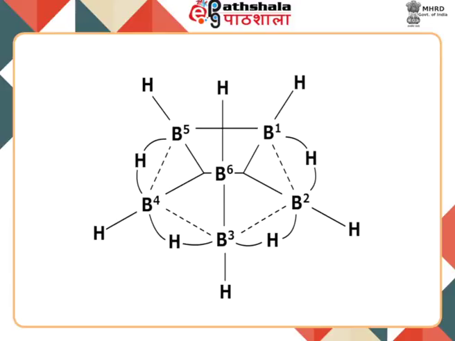Out of the 18 valence electrons of 6 boron atoms, 4 electrons are used up in the 4 BHB bridge bonds, 4 electrons in the 2 BBB triple bridge bonds, 4 electrons in the 2 BB bonds and the remaining 6 electrons in the 6 terminal BH bonds.